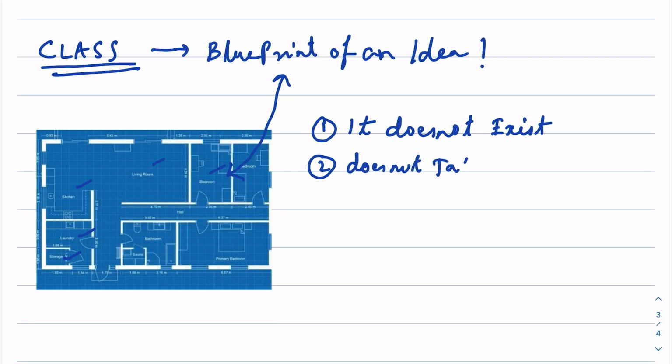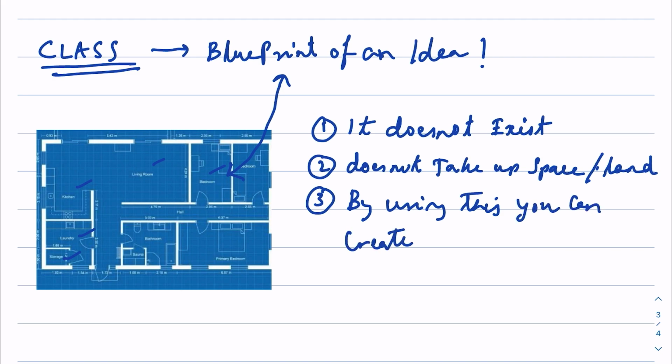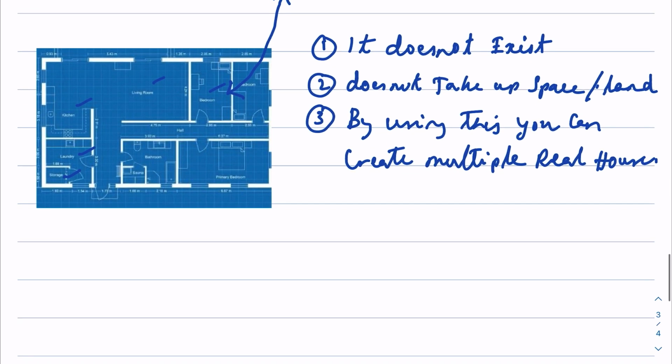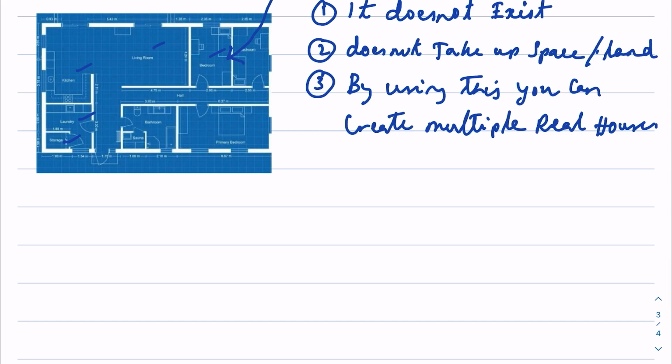Of course, to store this map in your cupboard it will take some space, but actually it doesn't take up space or land. What will be the third property of this blueprint or map? By using this, you can create multiple real houses. You have a blueprint of a house. What you can do is create one house in Bombay, and you can create another house in Kolkata.